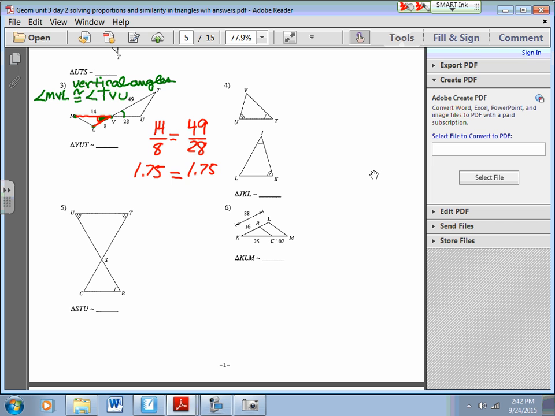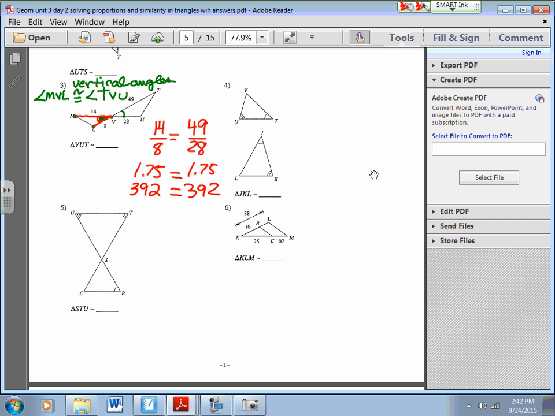Had you cross-multiplied the numbers, you get the exact same number on both sides. If you want to do that, go ahead and check it. Do 14 times 28. What do you get, Don? 392. Okay, do 8 times 49. 392 again.